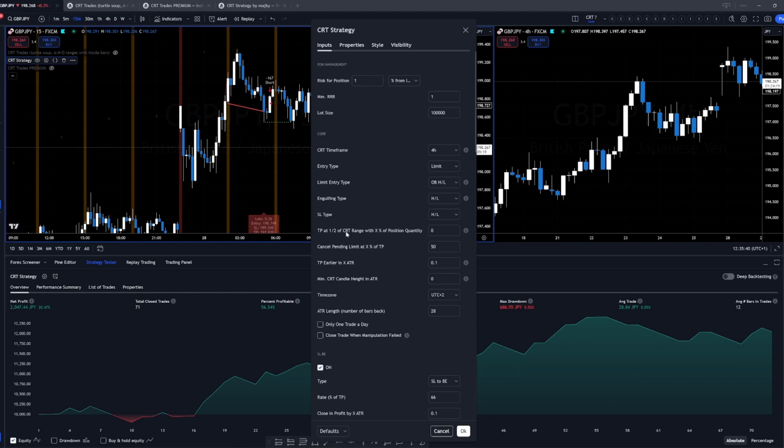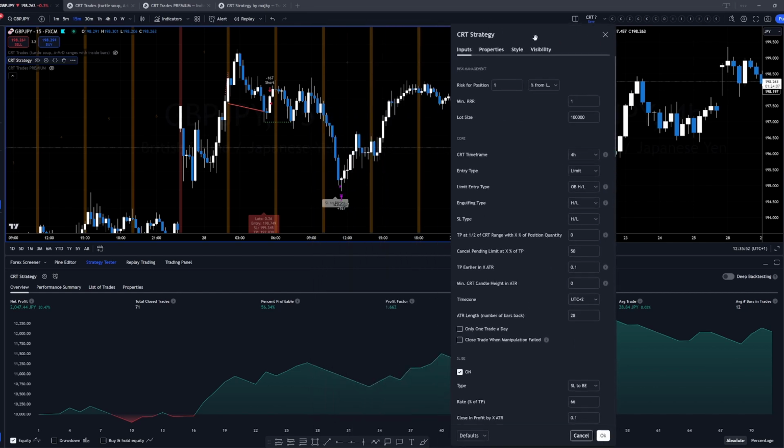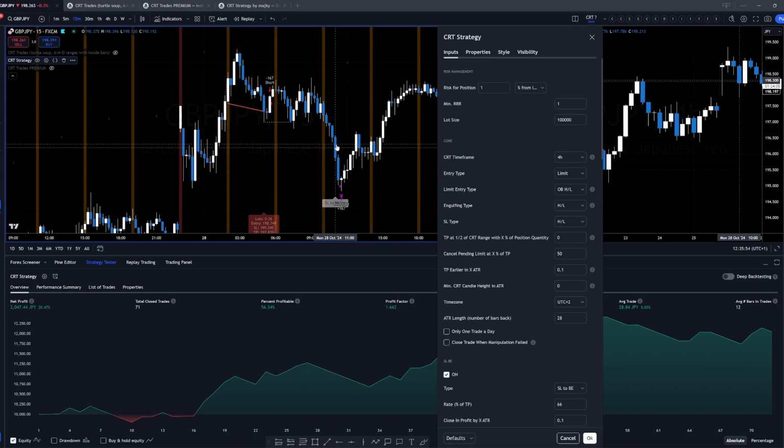You can set take profit at half of the CRT range with X percent of position quantity. It means if you want to close half of the position in the middle of the previous candle range, as I talked about in the beginning, you can set how much of the quantity should be closed. If you set 50, then 50% of the position will be closed at the half of the previous candle range.